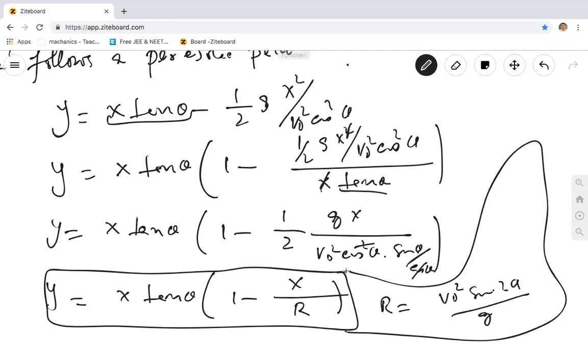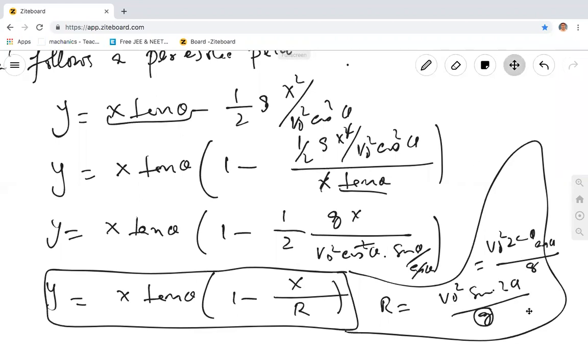So it is v0 square twice sin theta cos theta by g. It is the same thing as R, but inverted, because g is in the denominator in R, but here g is up, and twice sin theta cos theta v0 square is in the denominator, so it is the inverse of R. So this is one more equation.